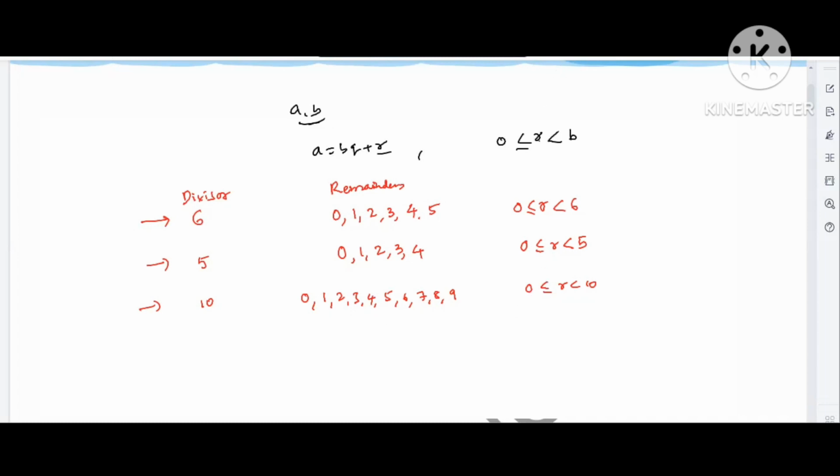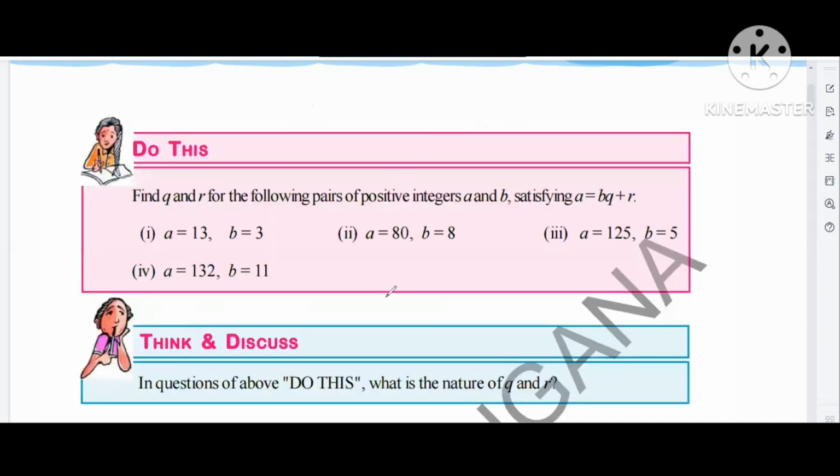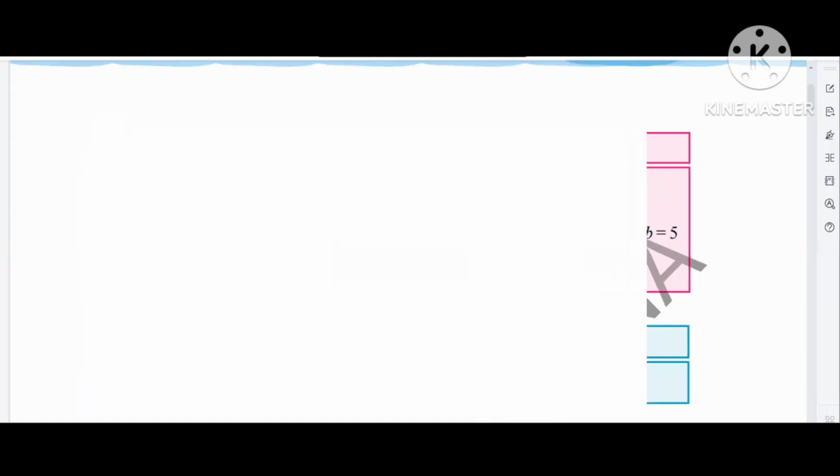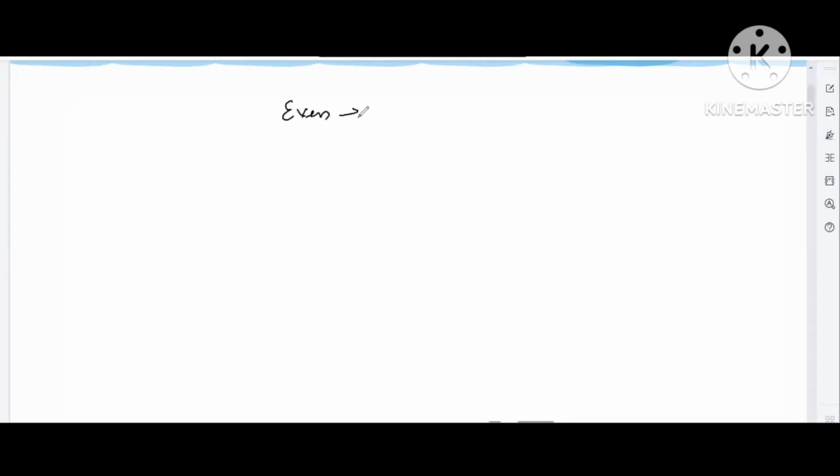And one more thing to understand, to do the problems, the most important thing is the form of an even and an odd number. So what is even?